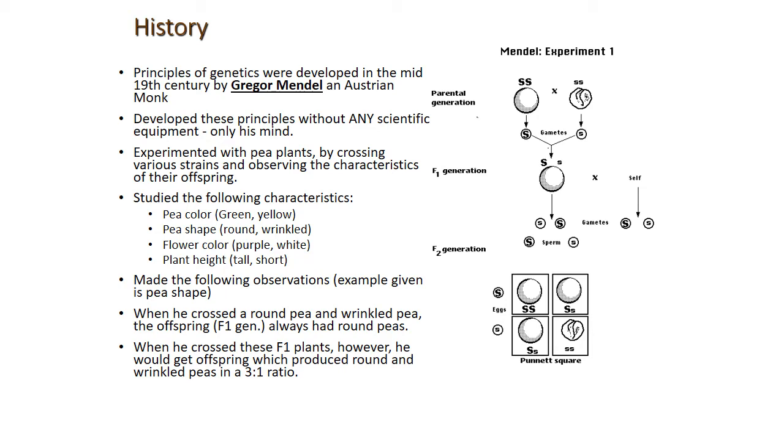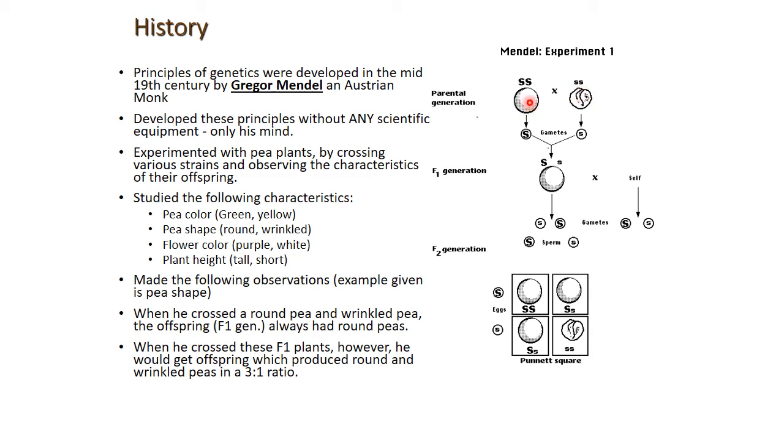Now, right here, what you guys see is with a round or wrinkled pea. The parent generation, we know for a fact, is homozygous dominant because no matter what happened whenever he saw those peas breed, they were always round or they were always wrinkled.